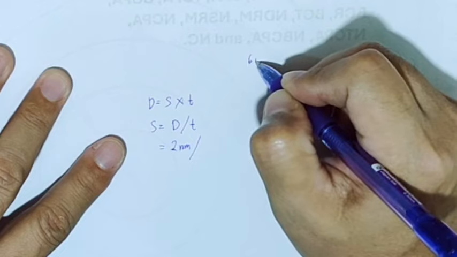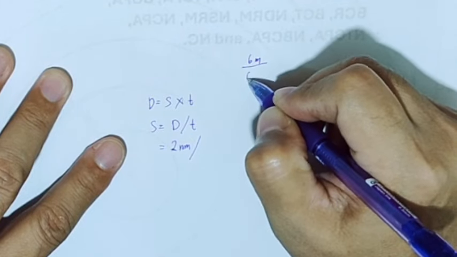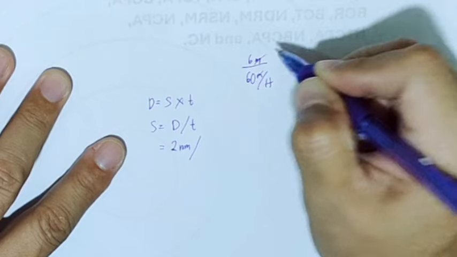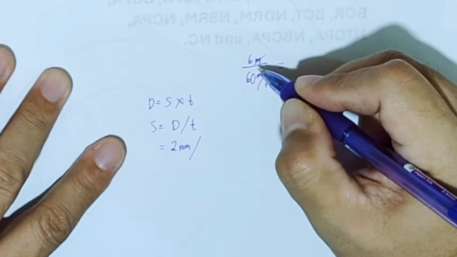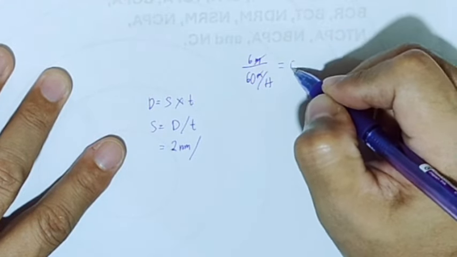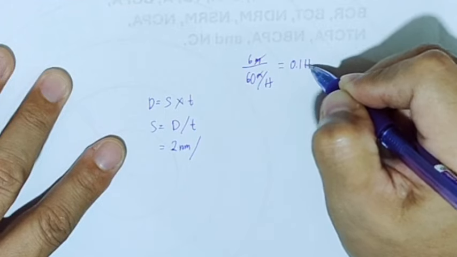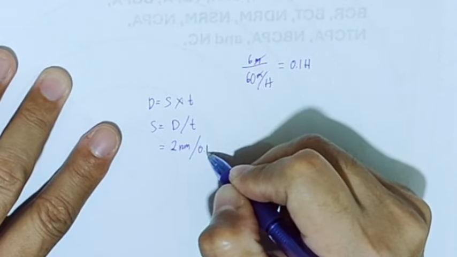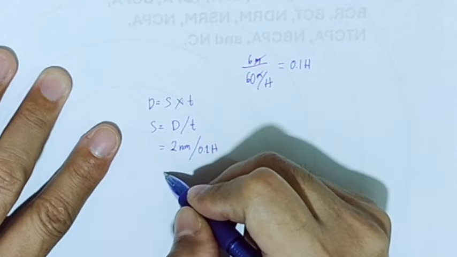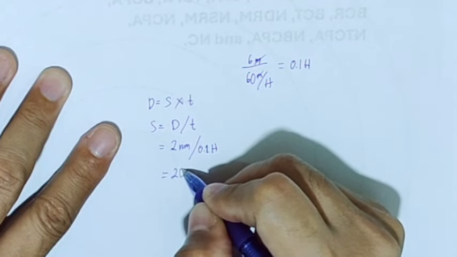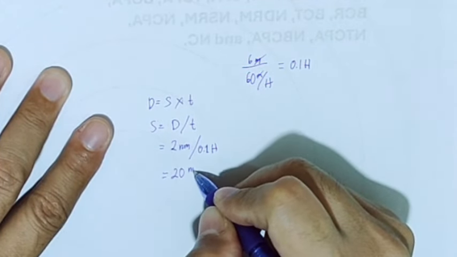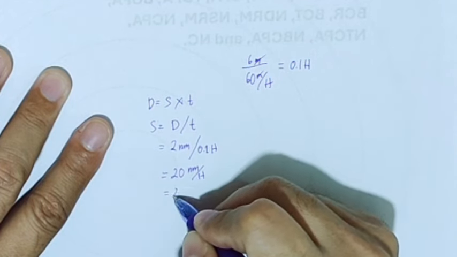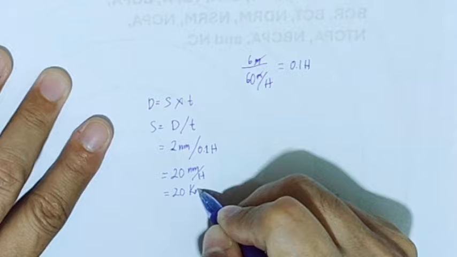So 6 minutes divided by 60 minutes per hour. Cancel, cancel. That is 6 divided by 60 is 0.1 hour. So divided by 0.1 hour, then that will be 20 nautical miles per hour, or that is 20 knots.